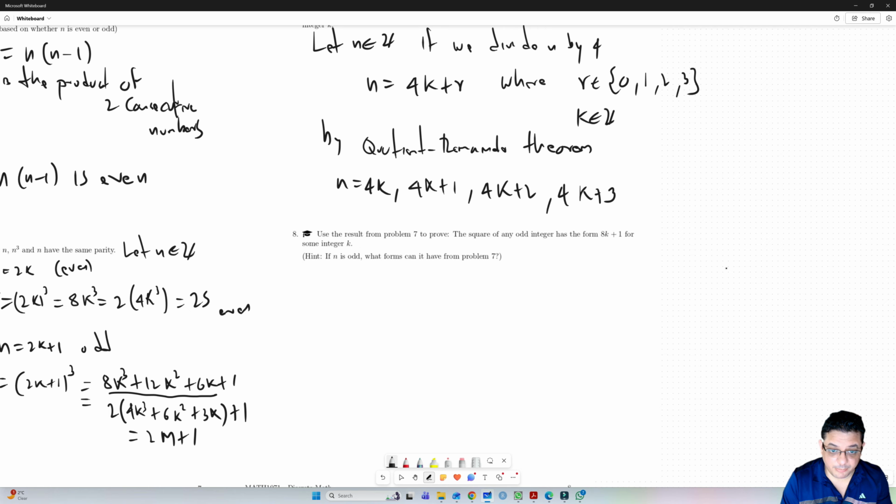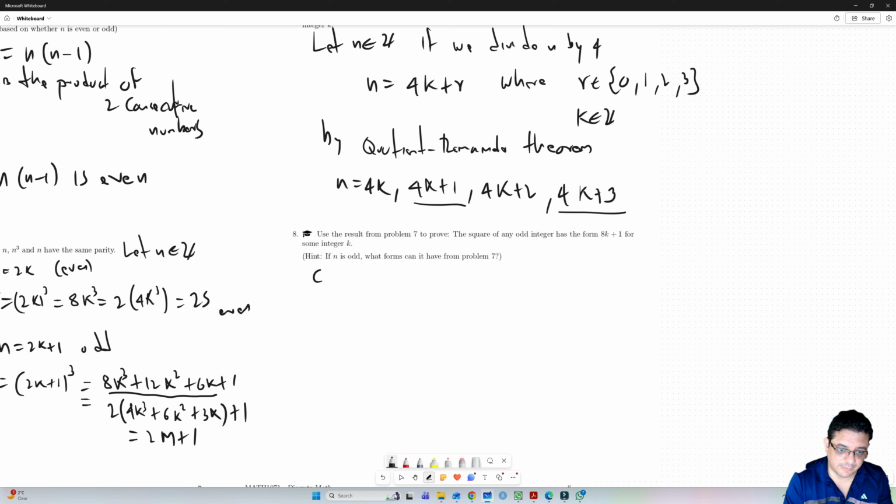So now for problem 8, we have use the result from problem 7 to prove the square of any odd integer has the form 8k plus 1 for some integer k. If n is odd, what forms can it have from problem 7? So, from problem 7, notice that we only have odds when it's 4k plus 1 or 4k plus 3.